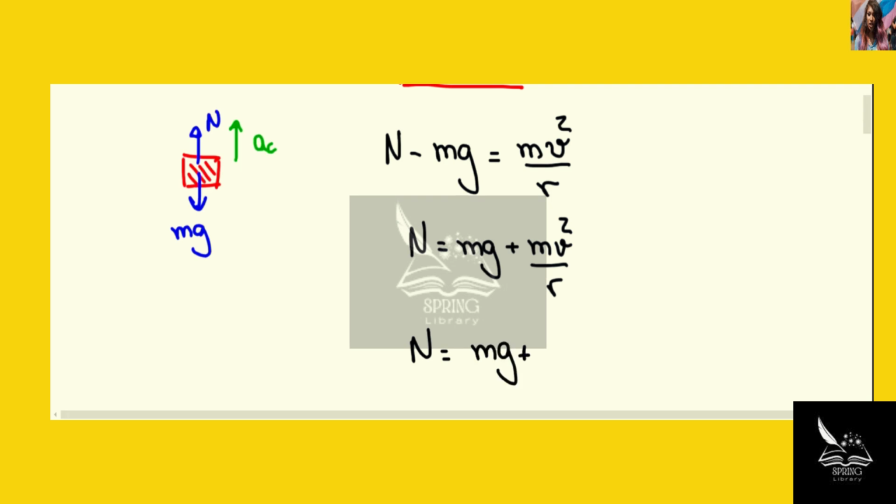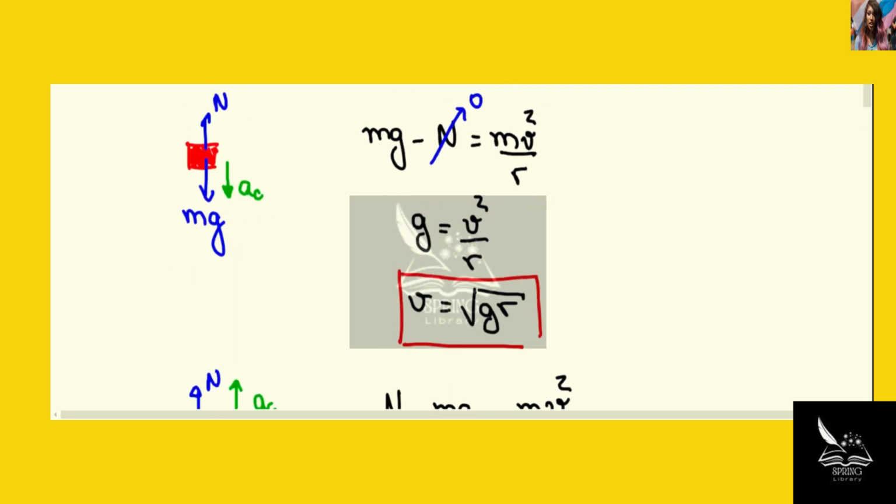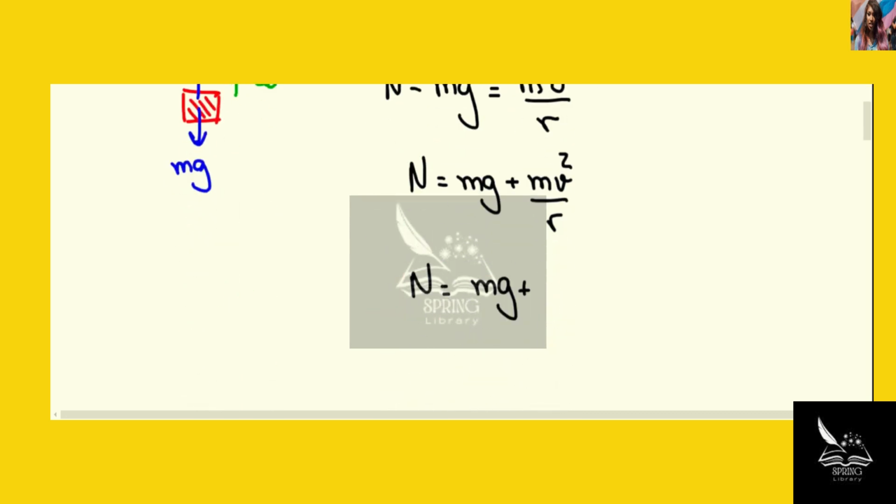Now, v squared is gr, according to this formula here. So we have mg plus m gr divided by r. This is equal to 2mg. So the normal force that acts on the car is 2 times mg, which concludes our exercise.